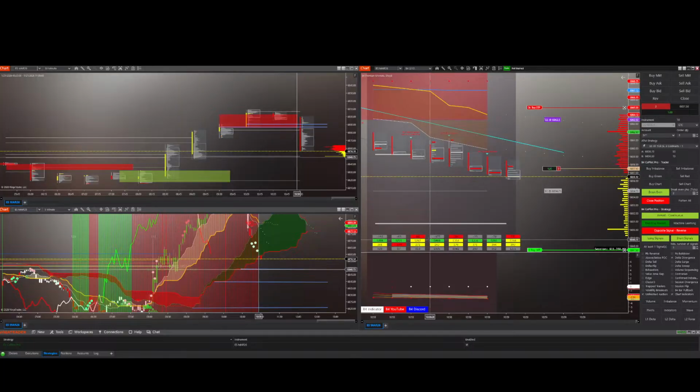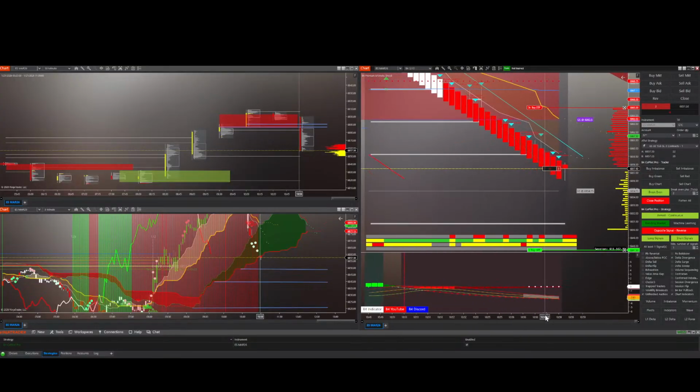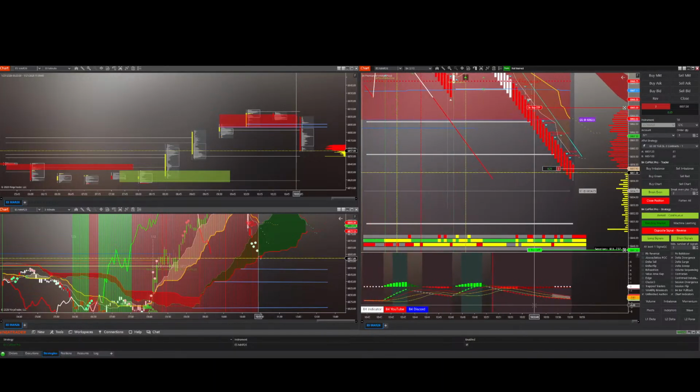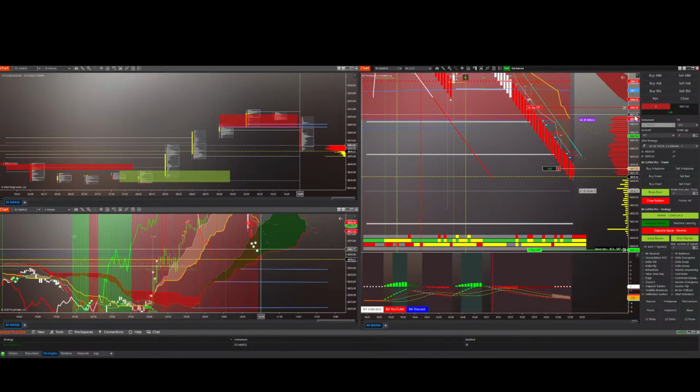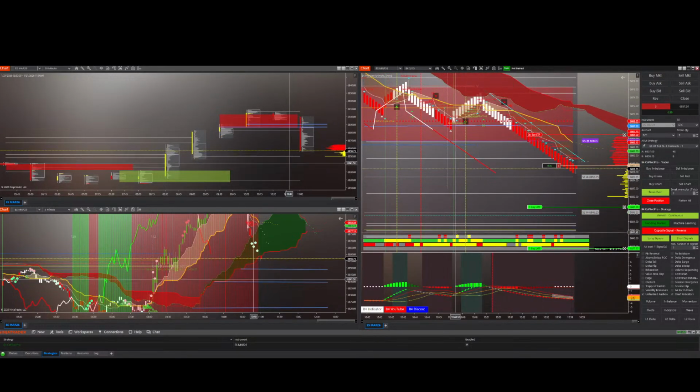I want you to notice this top row here on this footer and go back and look, was it correct? Bullish move, would you have made money? Yes. Bullish move, yes.